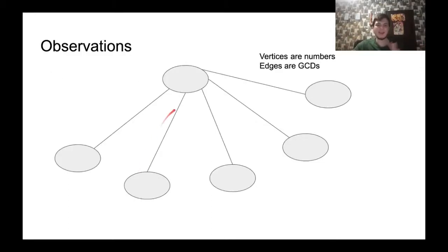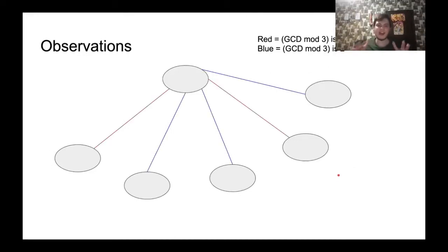So yeah, consider we have a graph where the vertices are our numbers and the edges represent the GCDs. So you have a graph where every vertex is some node and every edge is labeled by the GCD. We are going to color the edges: the red edges are when the GCD is 1, and they're blue if the GCD is 2. And let's say that we just pick some arbitrary vertex.